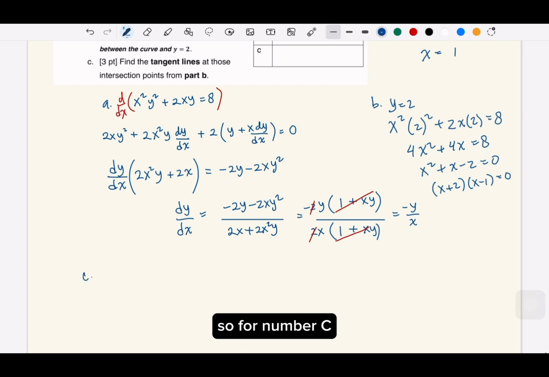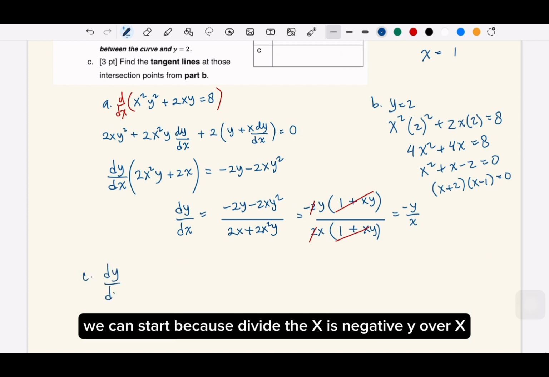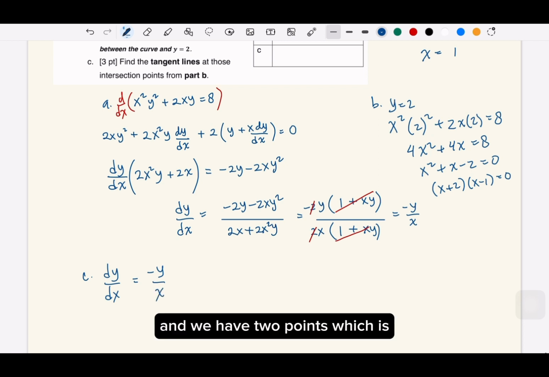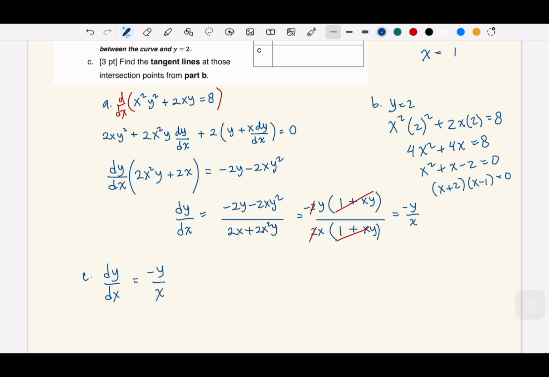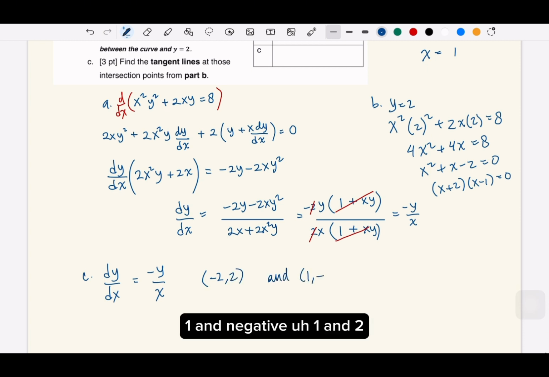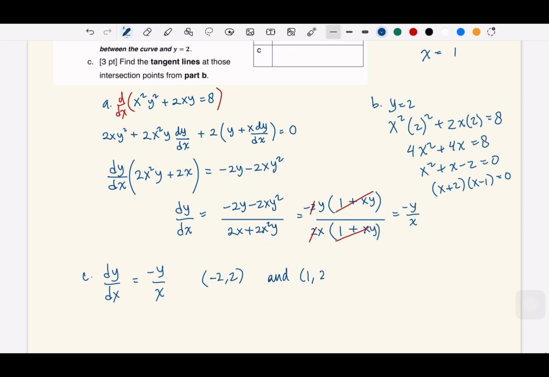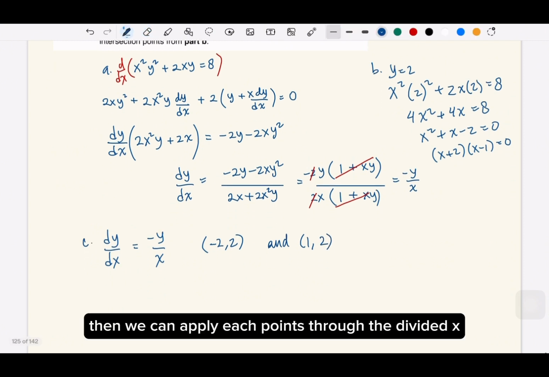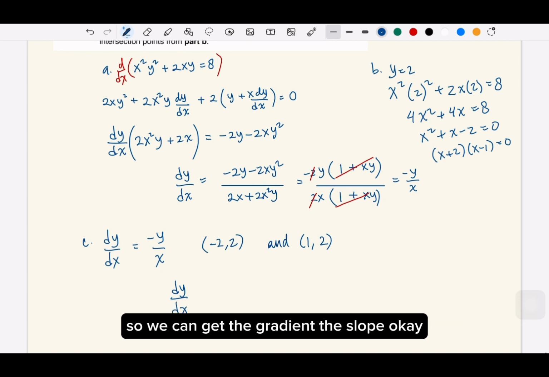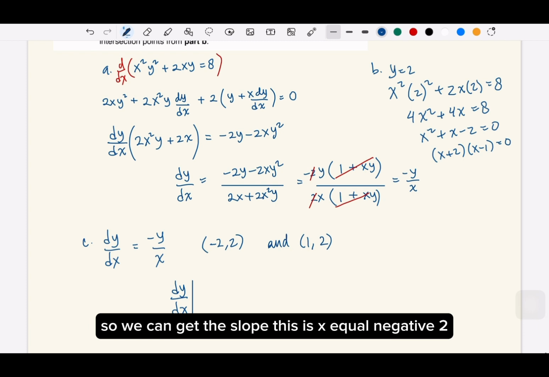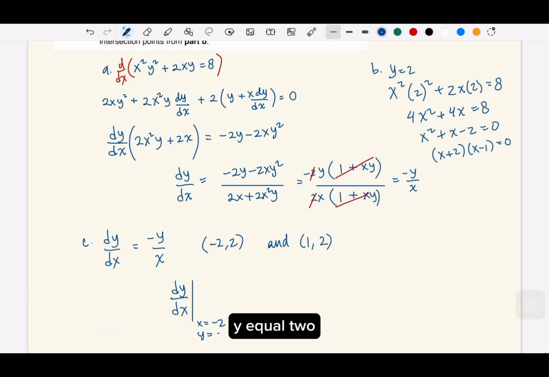So for number C, we can start, because dy dx is negative y over x, okay? And we have 2 points, which is negative 2, 2 and 1, 2. Then we can apply each point through the dy dx, so we can get the gradient, the slope, okay? So we can get the slope. This is x equal negative 2, y equal 2.